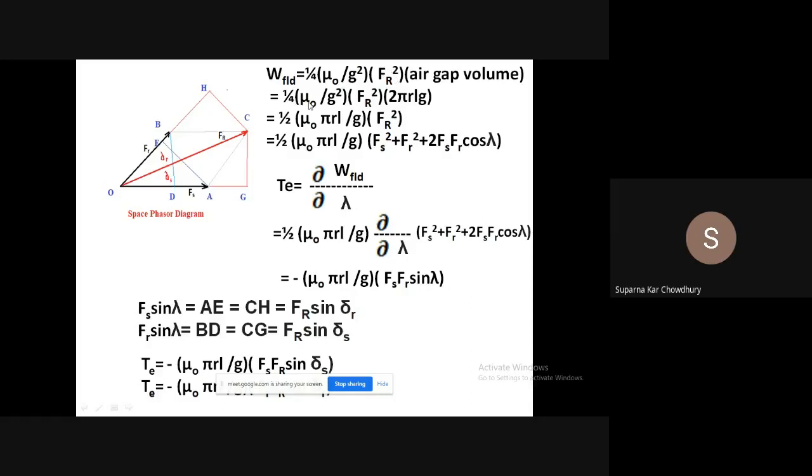So 1/4 mu 0 by G square FR square, and the air gap volume will be twice pi RL G. G is the length of the air gap, L is the length of the armature, R is the radius of the air gap. So half mu 0 pi RL by G FR square.